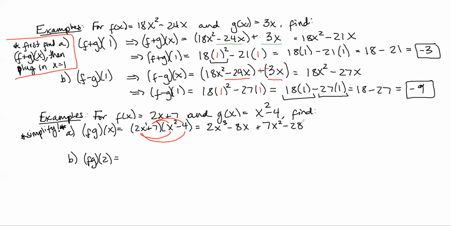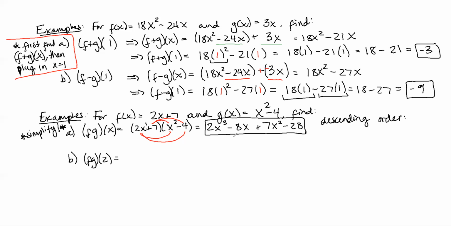And if we go ahead and combine our like terms, if we have any, well, we have a 2x cubed, a negative 8x, a 7x squared, and a negative 28. So none of those are actually like terms, so we could leave it just like this. If the problem on my math app specifies descending order, what you're going to want to do is put them in descending order based on the exponents.